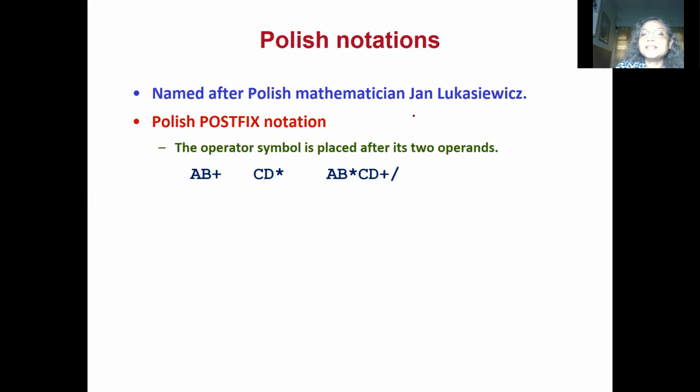So the expression is given by a string. For example, this is a string having the first character as A, second as B, third as plus, fourth as C, fifth as star. You could also have an expression involving numerals or a combination of that. For example, you could have 4 5 plus 3 slash 2 minus. So this is a string.